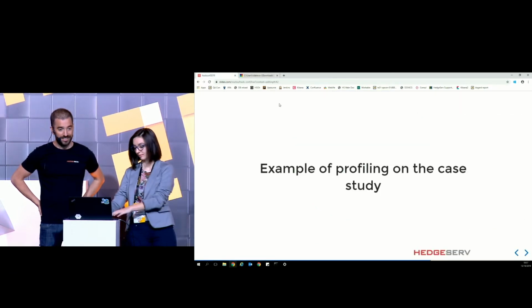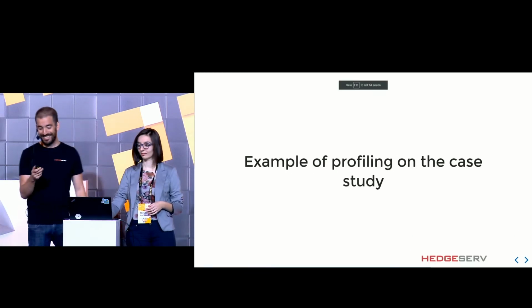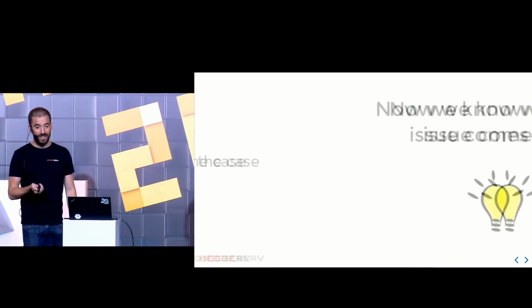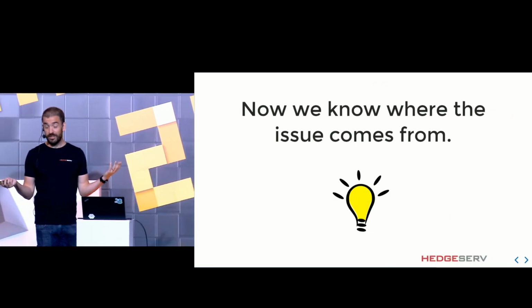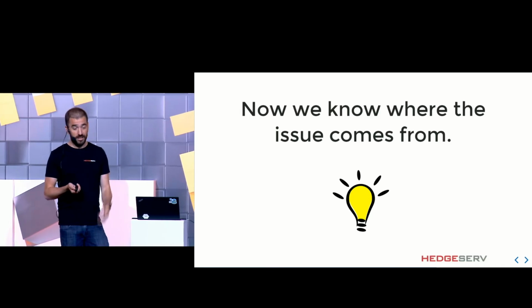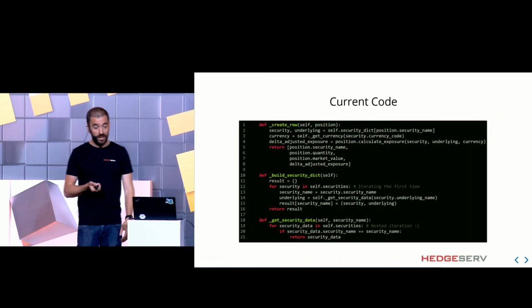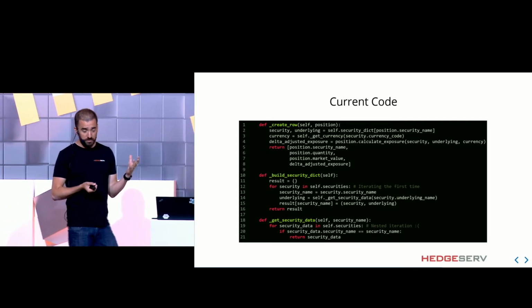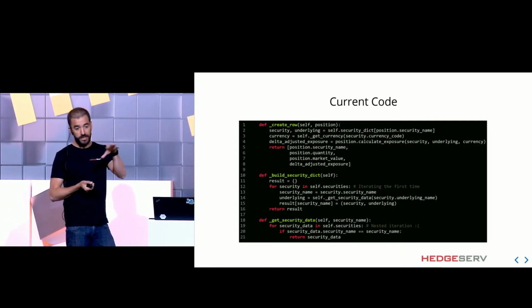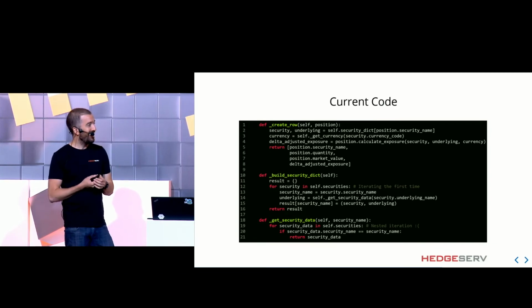All right, I got my pointer too. So I know what the issue is. We mentioned it's Python, so you're going to see some Python here. This is our Python code, and normally we don't have comments that tell you exactly where the problem is, but in this case we do.